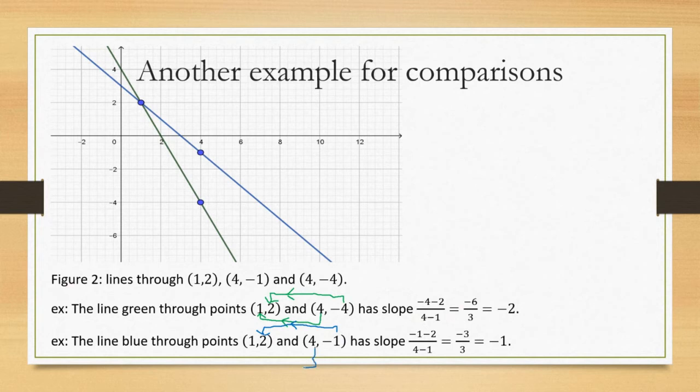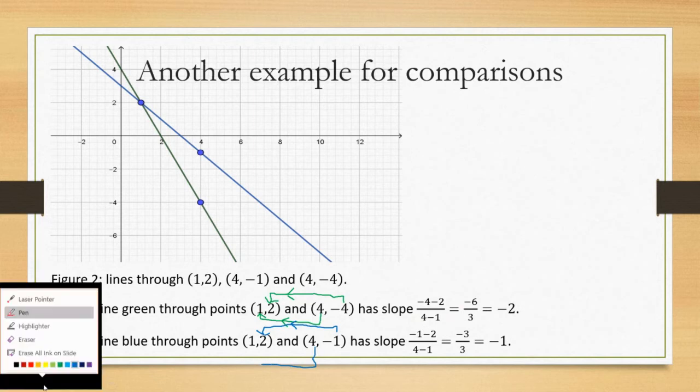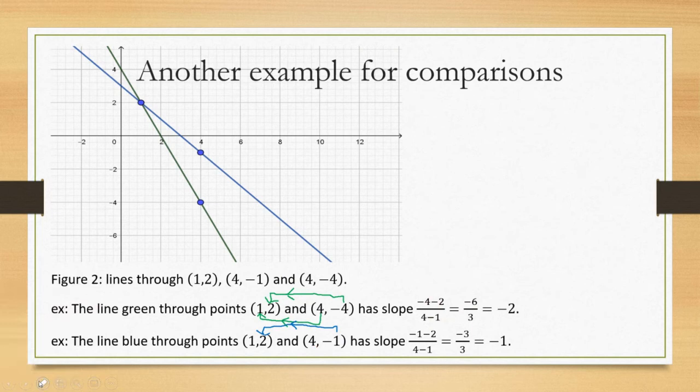So we have 4. What am I doing? Let me fix that. There we go. Just want to fix that. Stay on the slide. So we have negative 1 minus 2 on top divided by 4 minus 1. Again, the corresponding change in x.